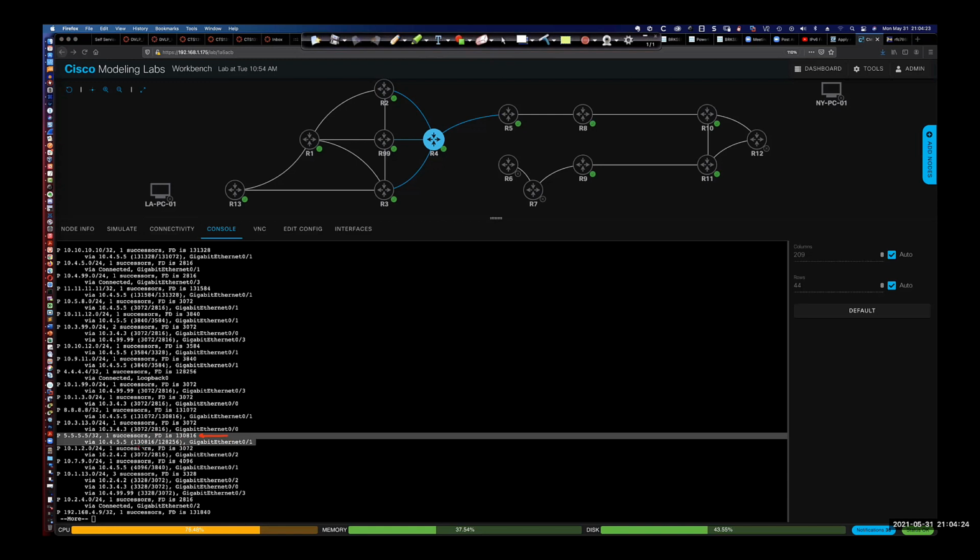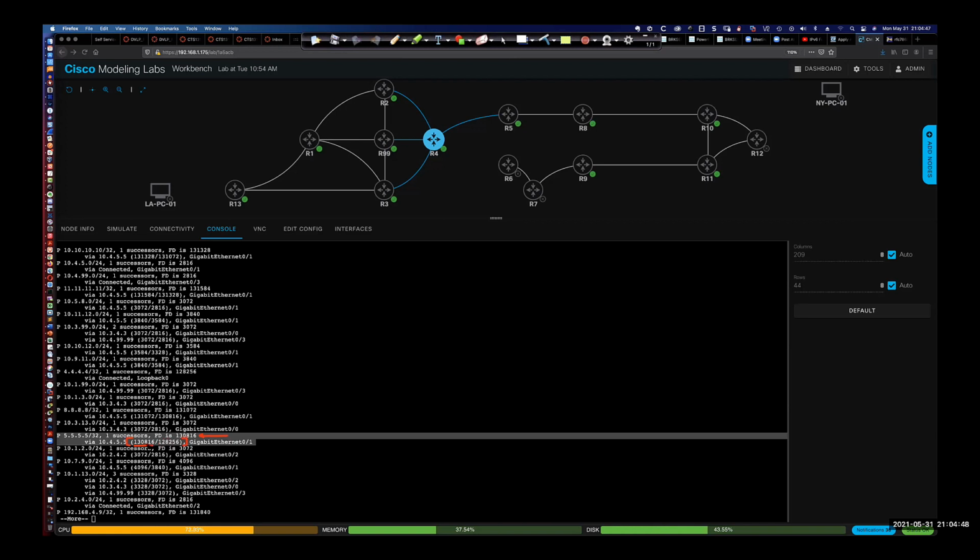You'll notice the values happen to be the same, but it doesn't say that's the feasible distance down here in the parentheses. And this right here, that's what we're seeing when we do that show IP EIGRP topology command and give the specific route, is we're getting this information right here. But the feasible distance is up here.